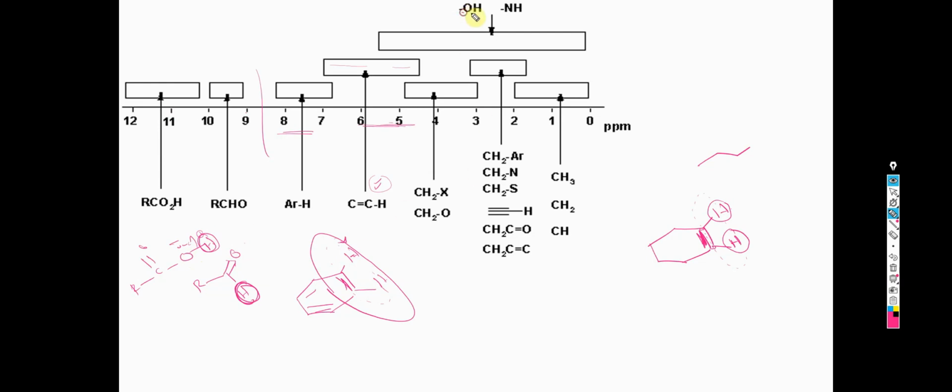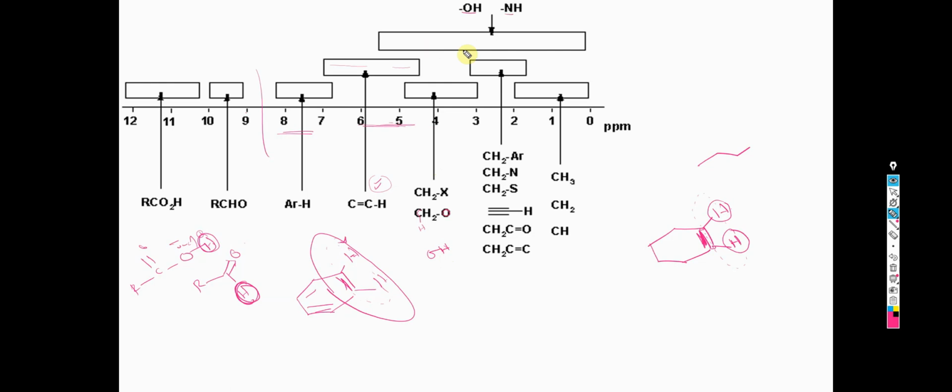And here I skipped OH and NH, and you can kind of understand what's going on here. If an oxygen connected to a carbon has its hydrogen appearing at 4 ppm, then a hydrogen directly attached to an oxygen is going to appear at a much higher ppm value.